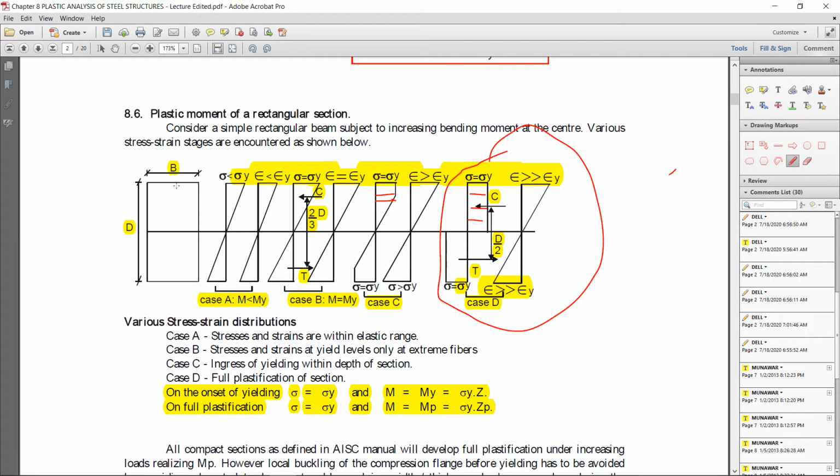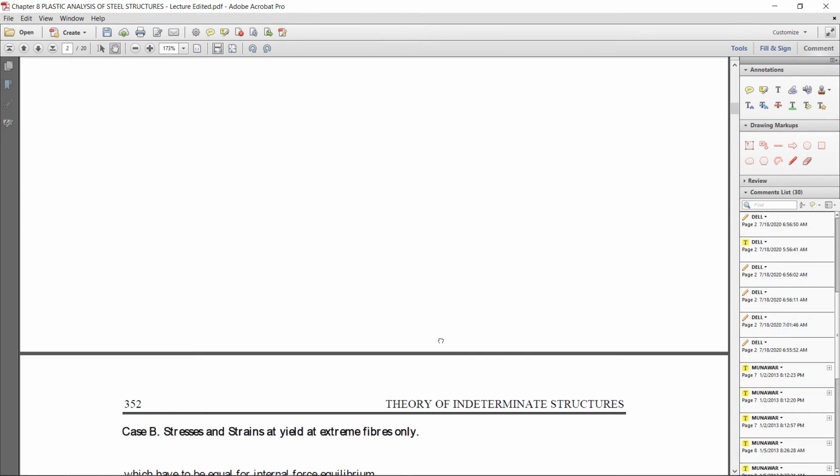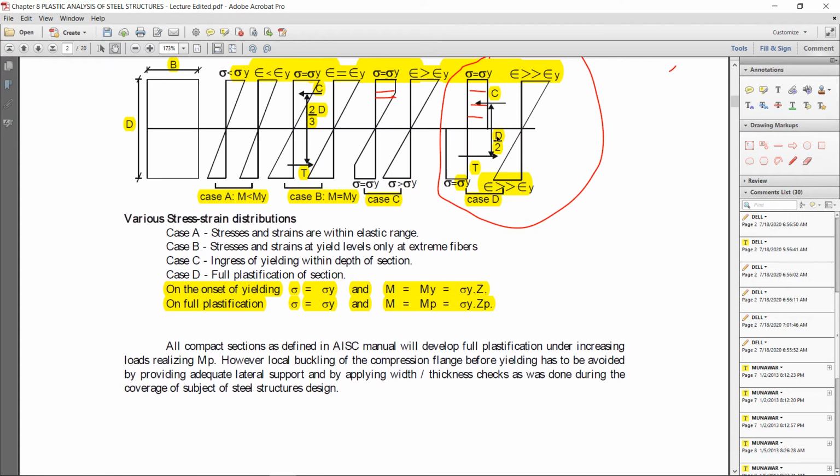The width of this section is b and the upper portion depth is d by 2, on which this stress is acting, and the resultant force is a compression. So the area is b into d by 2 for the upper portion, and the stress is sigma y. Area into stress gives the force C. The lever arm, the distance between these two forces C and T, is d by 2.